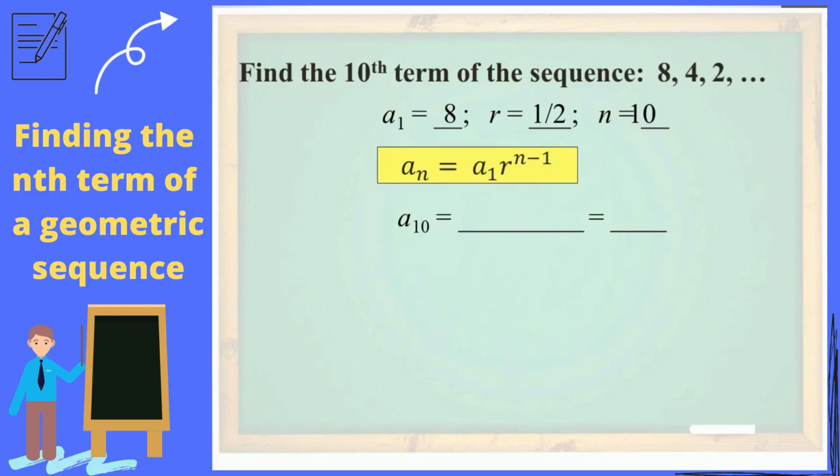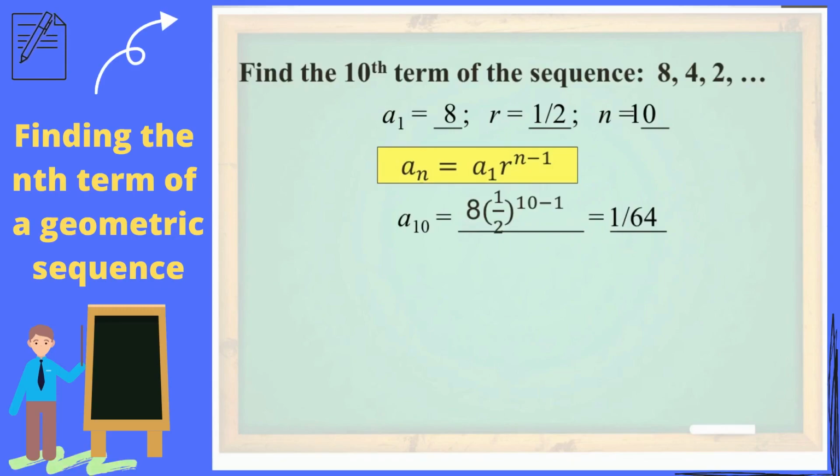So a sub 10 is equal to 8, which is the first term, times the quantity of 1/2, which is the common ratio, raised to the power of 10, which is n minus 1. So a sub 10 equals 8 times 1/2 raised to the power of 10 minus 1 is equal to 1 over 64.